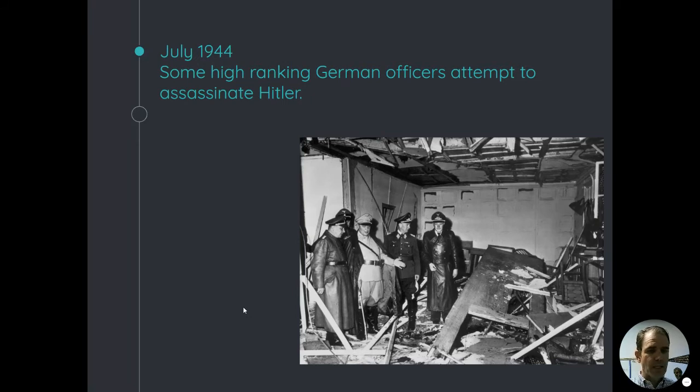But because the window was open, the pressure from the blast escaped, and Hitler survived that assassination attempt. If you're interested in this story, there's a movie called Valkyrie that goes into these German officers attempting to assassinate Hitler. They see what's coming, and this is their attempt to stop it, to stop Hitler and hopefully save their country.